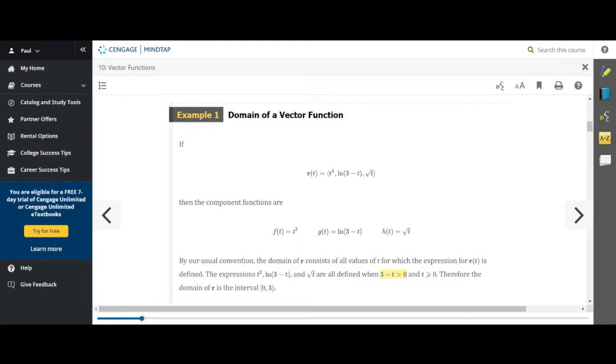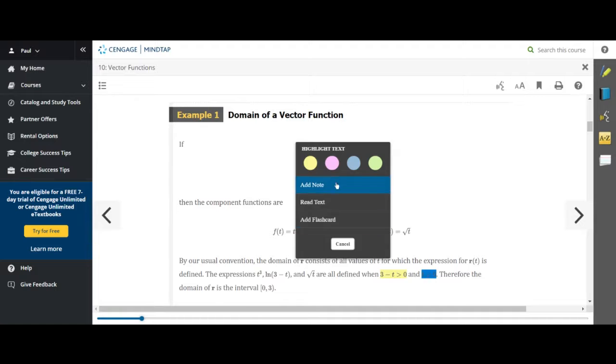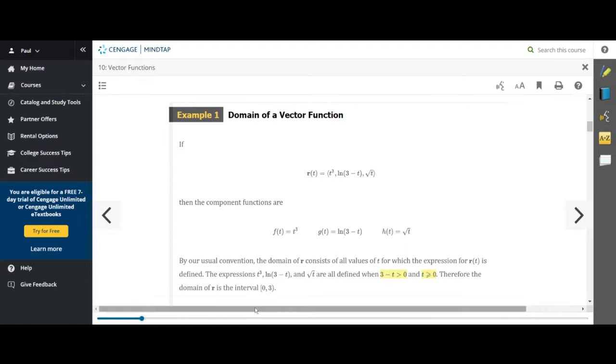But t less than 3, well, you also have the component function h of t, which is the square root of t. There t has to be greater than or equal to 0. So that adds a second constraint on t.